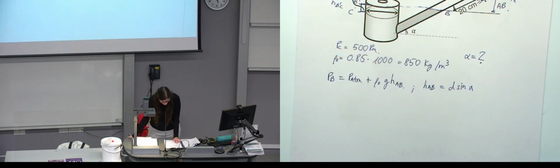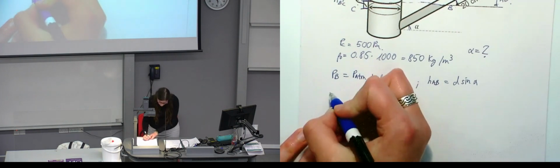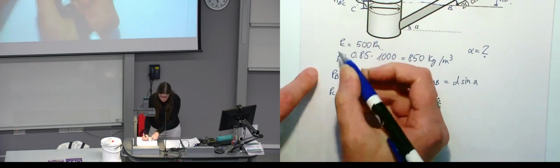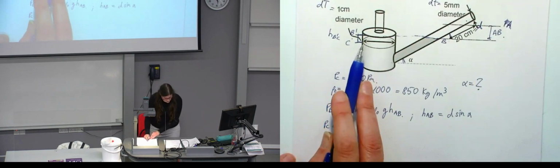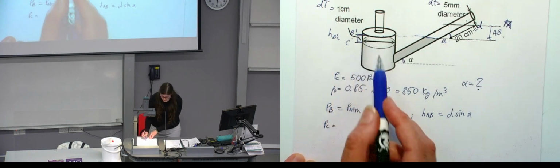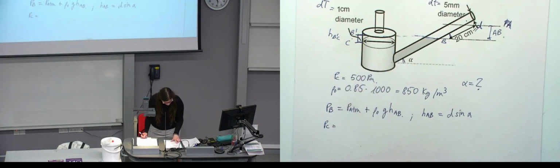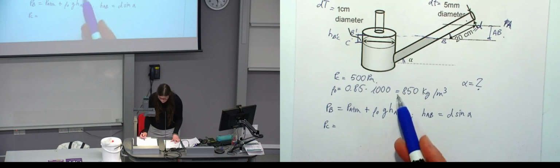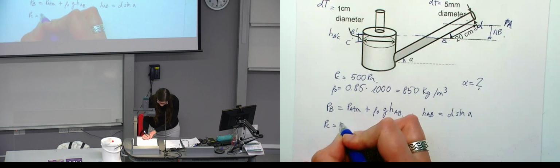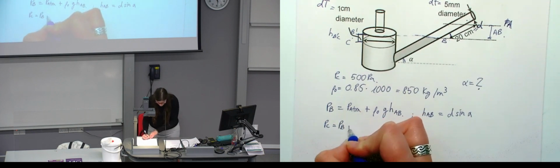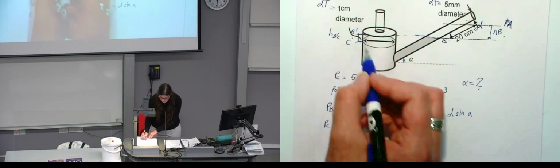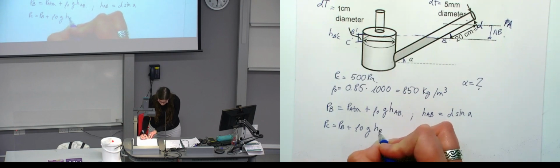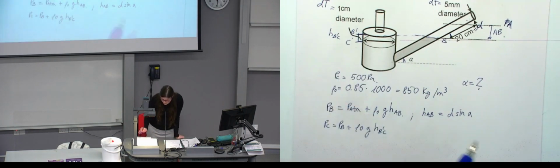And we know that the pressure at C, like here, is the pressure at B, plus the density of the oil, g, and this distance here, which is HB prime C. But we don't know what this distance is.